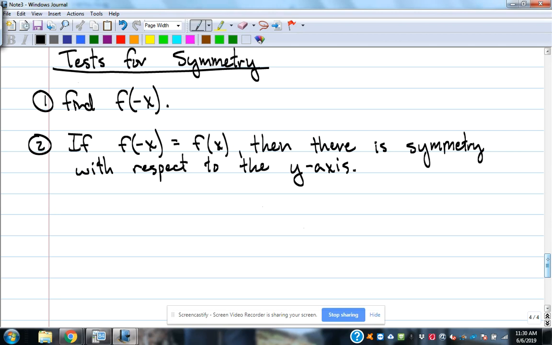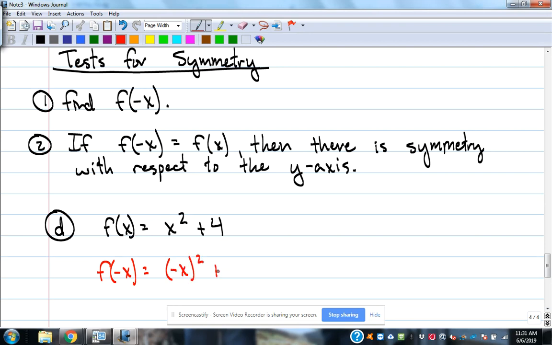Let's look at an example. Call this example D. And let's say we had f of x is equal to x squared plus 4. That's the original problem. We want to test that for symmetry to the y-axis. We're going to plug in negative x and work this out. We have to do a little bit of order of operations.